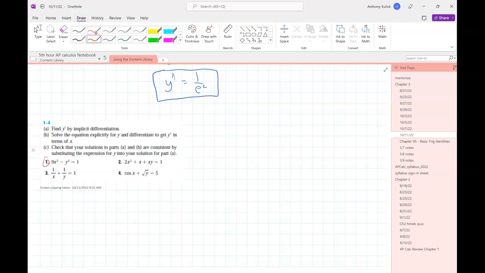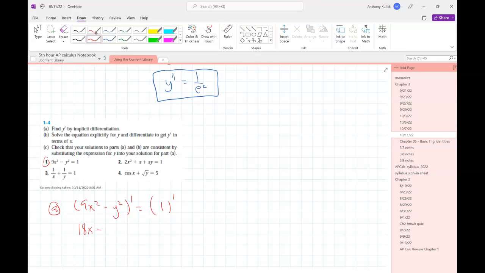Okay. So if I do that, the derivative of 9x squared is going to be 18x.